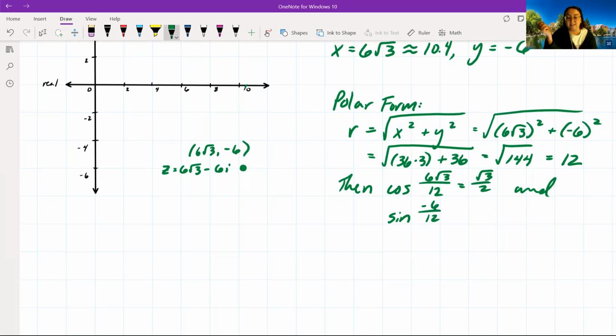So remember, sine of theta is equal to y over r. So we have -6 over 12, which gives us -1/2. So plugging these values in gave us these new values for cosine, 6 times the square root of 3 over 12, and sine, -6 over 12. And now we just want to find the angle on the unit circle that would correspond to these values.